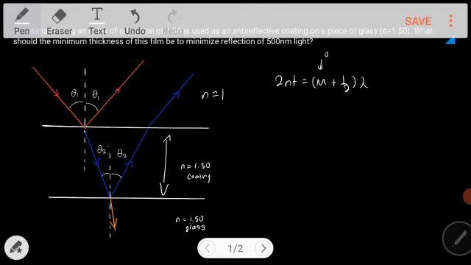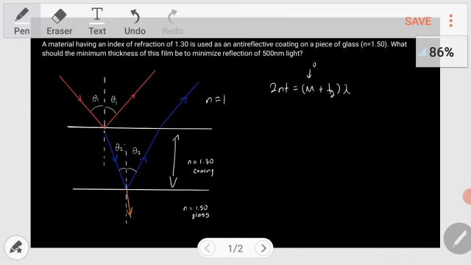So we know all the information. Now let's apply all the information into the formula.